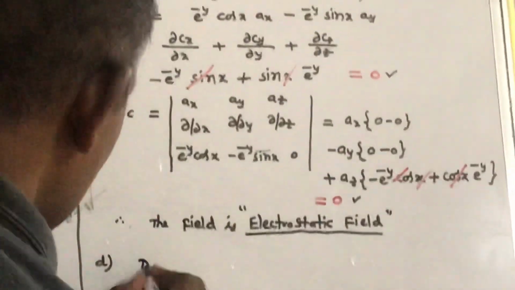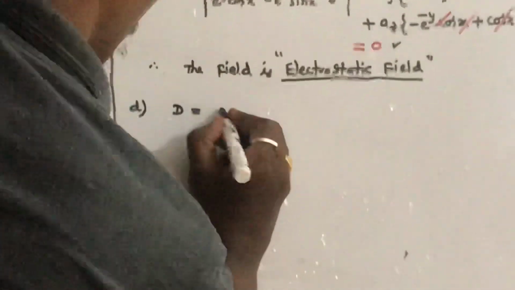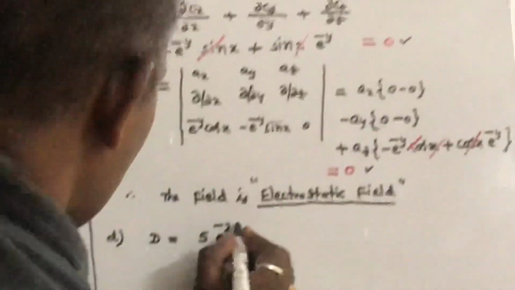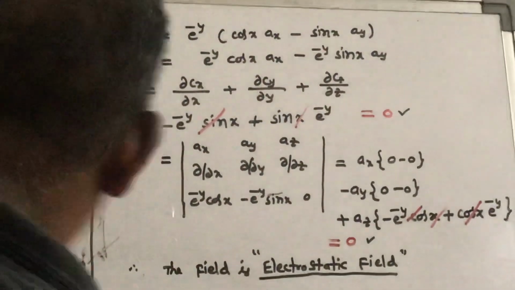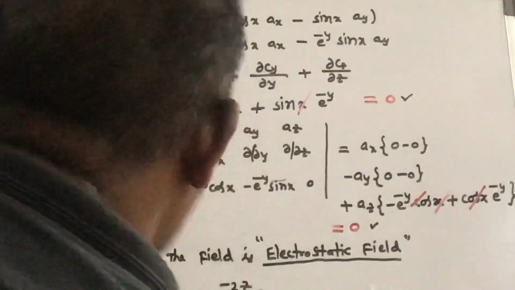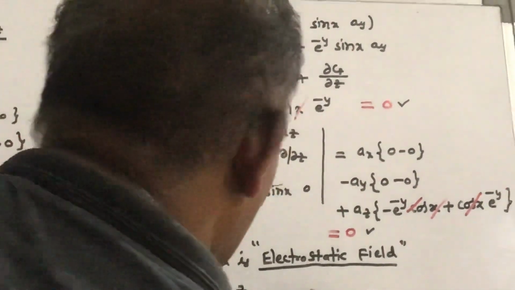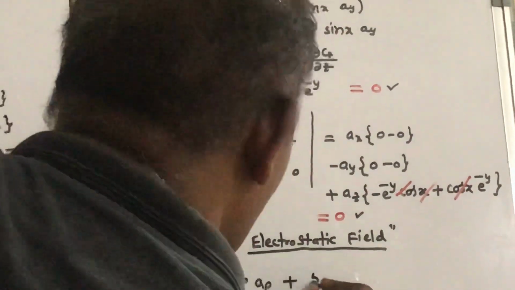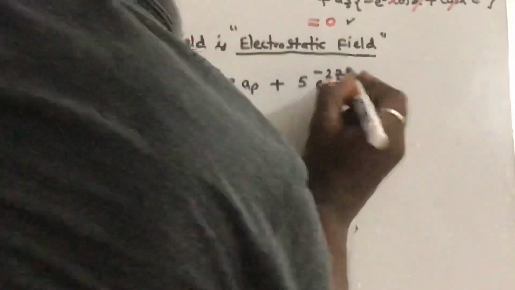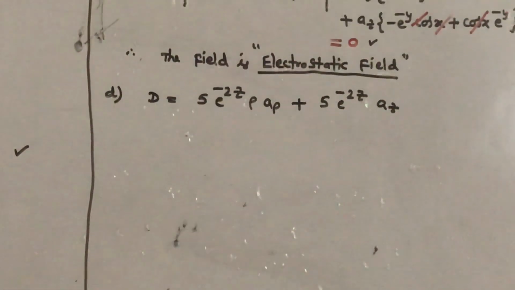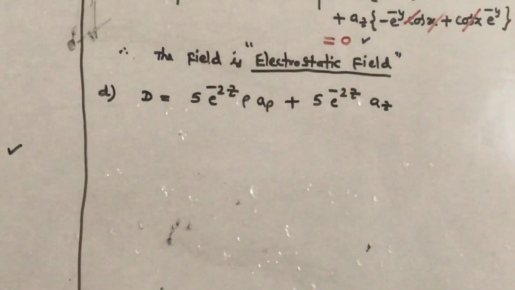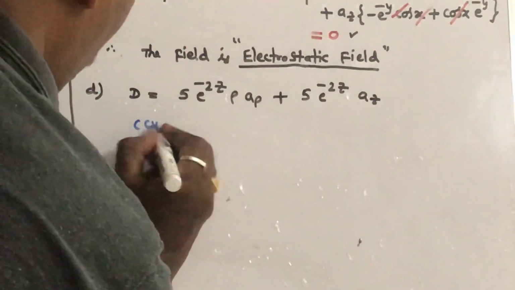Capital D is equal to 5 e power minus 2z into rho a rho plus 5 e power minus 2z unit vector az. For this, what we have to observe is that the problem is given in the cylindrical coordinate system.